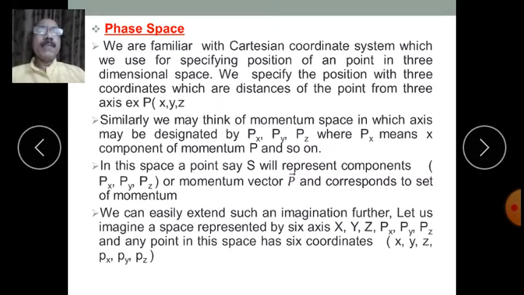We are familiar with the Cartesian coordinate system, which we use to specify the position of any object or point in three-dimensional space. We specify the position with three coordinates, which are distances of the point from three axes.